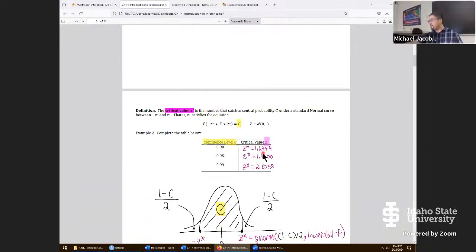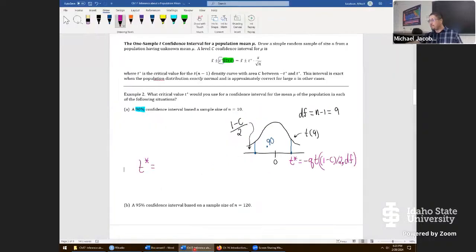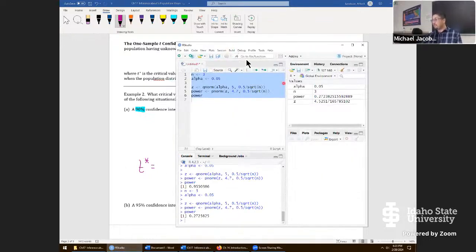And we found at 90% confidence, the critical number was 1.6449. Some people might have memorized that, but that's kind of amazing. A lot of people end up memorizing this one, it turns out, 1.96. So coming back over here, we're expecting something quite a bit larger than 1.6, because with these methods, we're using a standard error. There's extra estimations going on. So let's see what it comes out as.